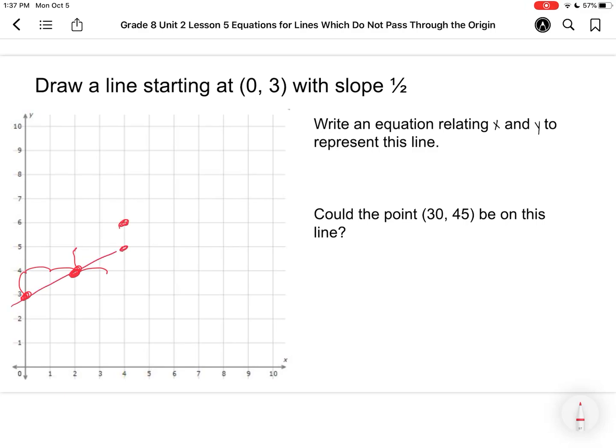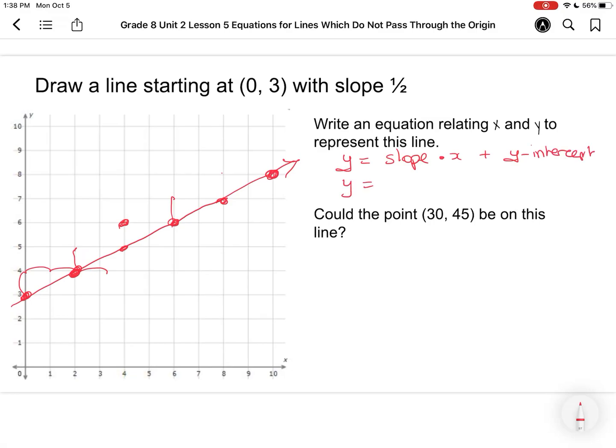Sorry, I'm really messing up here. But okay, got it right now. Going up 1 over 2, up 1 over 2, up 1 over 2, and so on. So there's my line. And my equation is going to be y equals the slope times x plus the y-intercept.